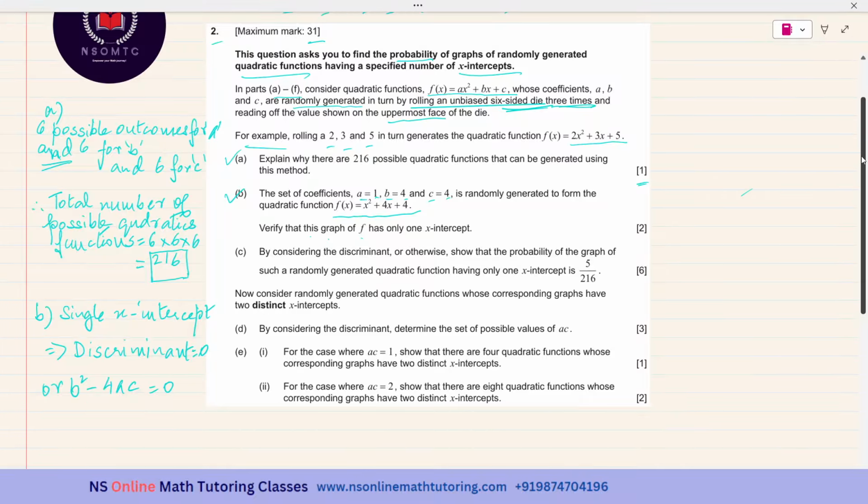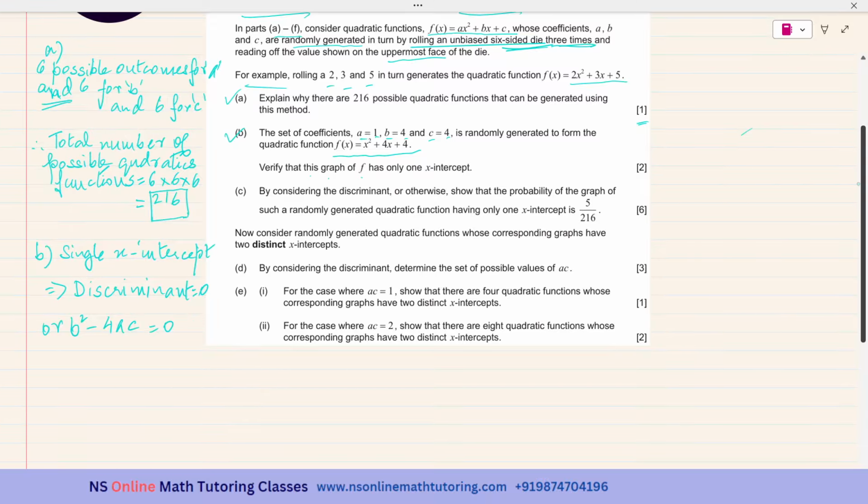Okay, so b is 4, they have given the b value, so I don't have to write it again. So b square is 4 square, minus 4 times a is 1 and c is 4. So this is equal to 16 minus 16, which is equal to 0.